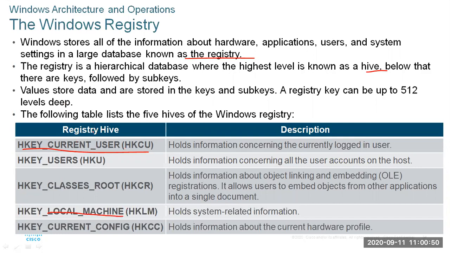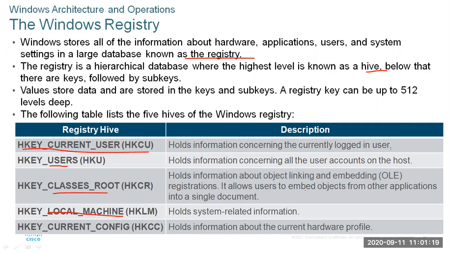The current user holds information about the current logged in user. Then under it we have users, which holds information concerning the user's account in the host. And then the classes root holds information about object linking and embedding registration.